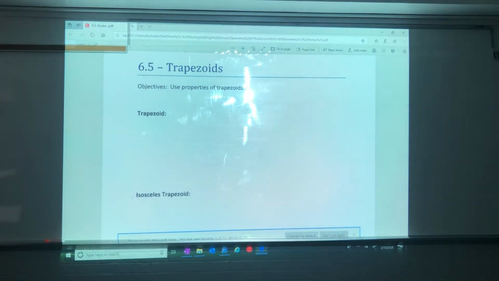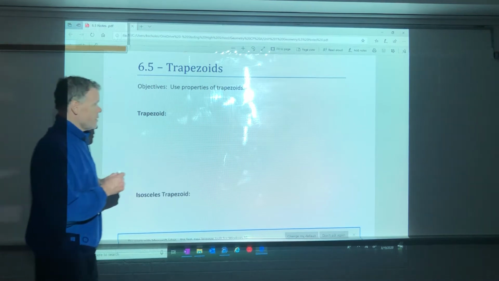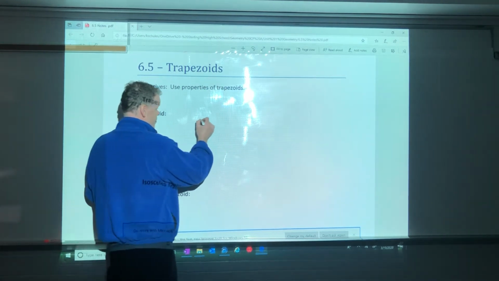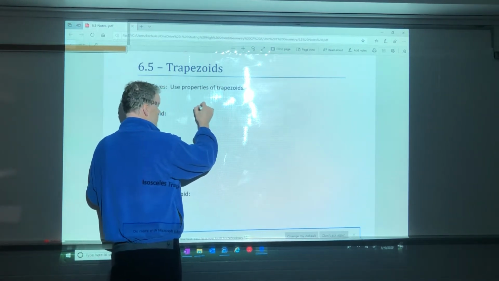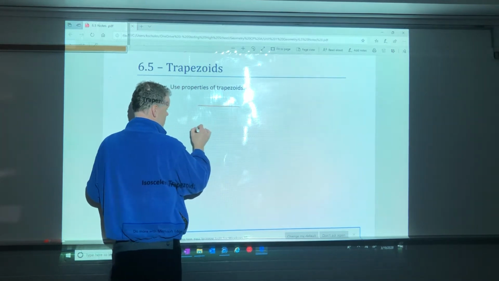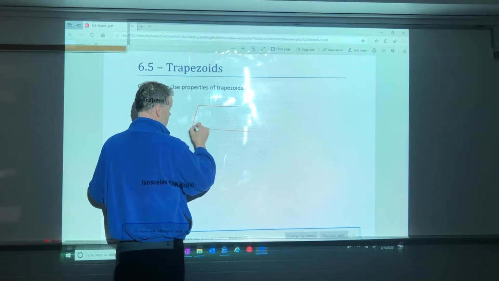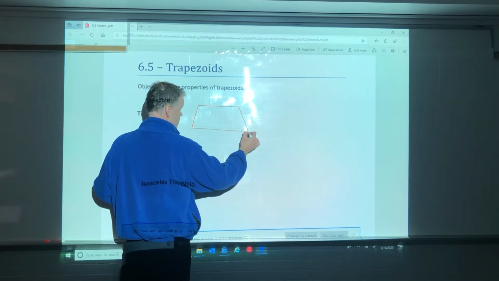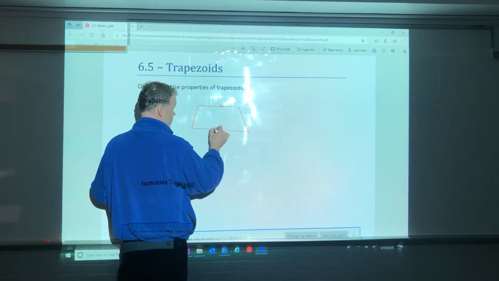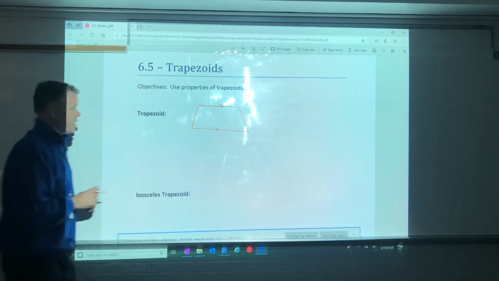First of all, a trapezoid is going to be a quadrilateral with exactly one pair of parallel sides. So we're looking at a quadrilateral with one pair of parallel sides right here.